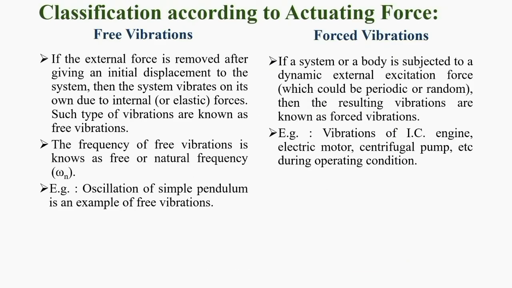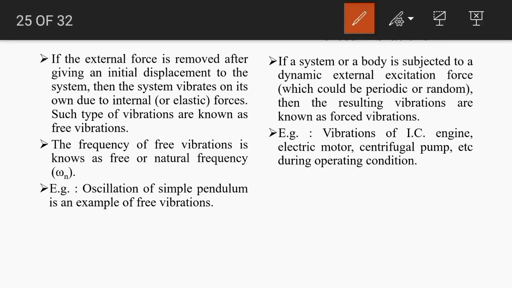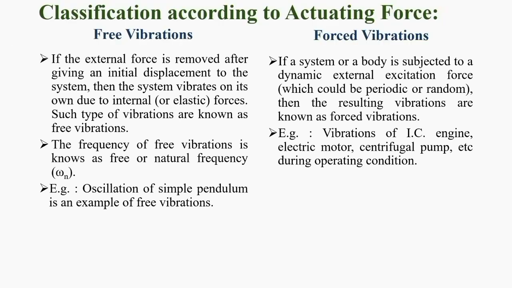First, the classification based on actuating force: vibrations are classified into free vibration and forced vibration. We have discussed this part earlier, in the definitions, where we studied what free vibration is, what forced vibration is, and the difference. If an external force is applied to disturb the system to get a displacement from the mean position, and then we simply release the body, it starts vibrating.